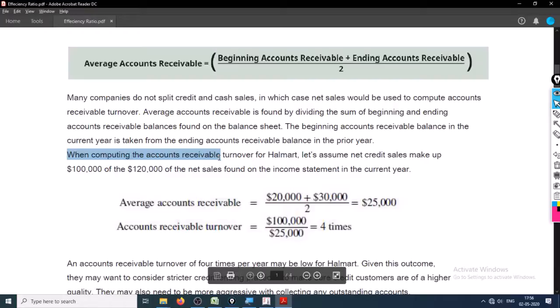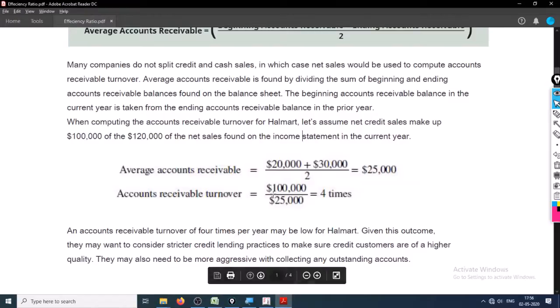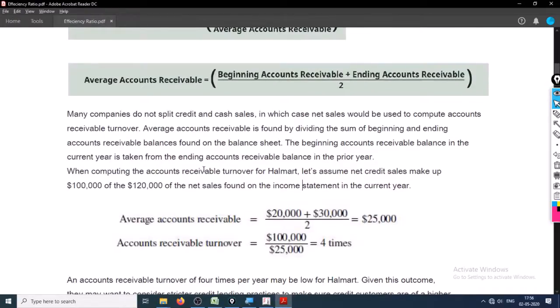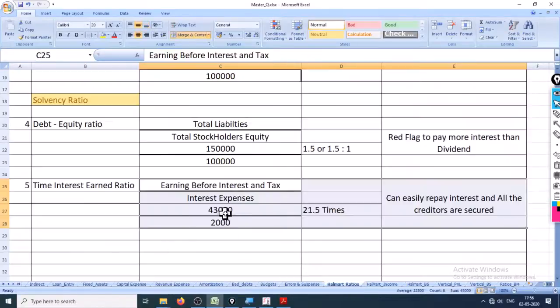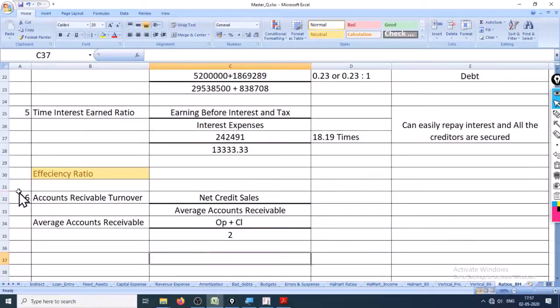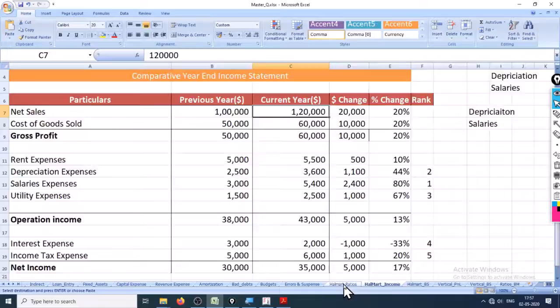When computing the accounts receivable turnover for Walmart, let's assume net credit sales make up 1 lakh. Okay, we are assuming 1 lakh. The question says right here. So, opening plus closing upon 2.